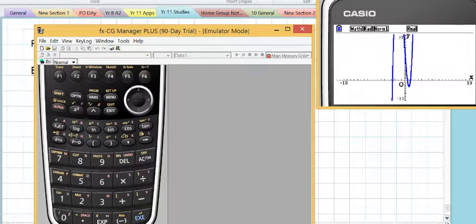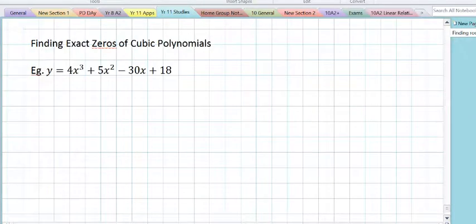Alright. So, if we look at this, we can't immediately start to factorize it or even really guess at what the zeros are. But we do know that it can be split into a linear and a quadratic.